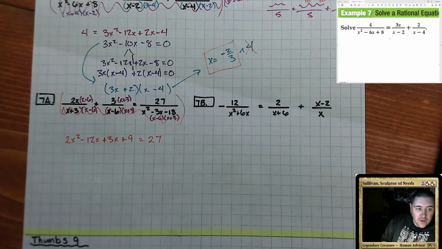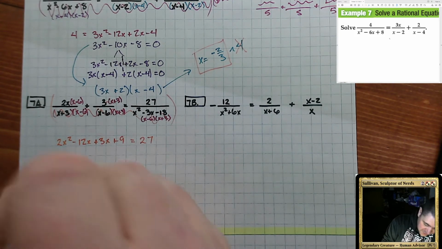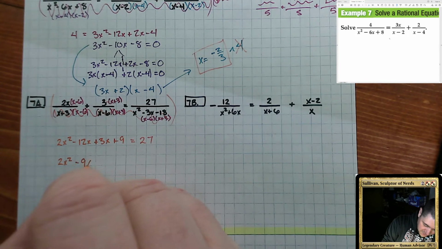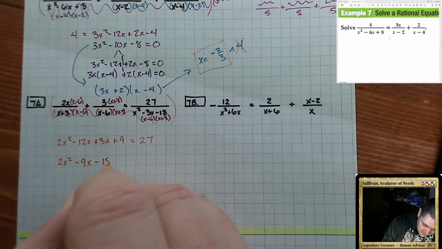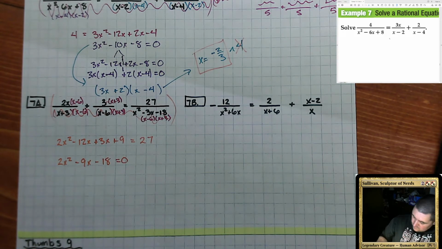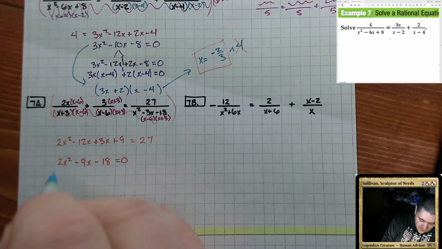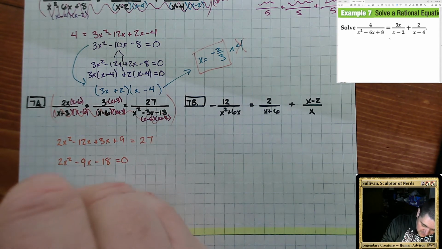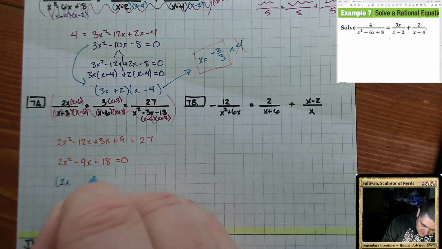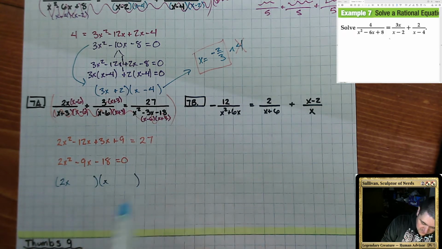Another quadratic to solve. Everyone to one side of the bus. 2x squared minus 9x minus 18 equals 0. The only way I'm going to get 2x squared is with a 2x and an x.